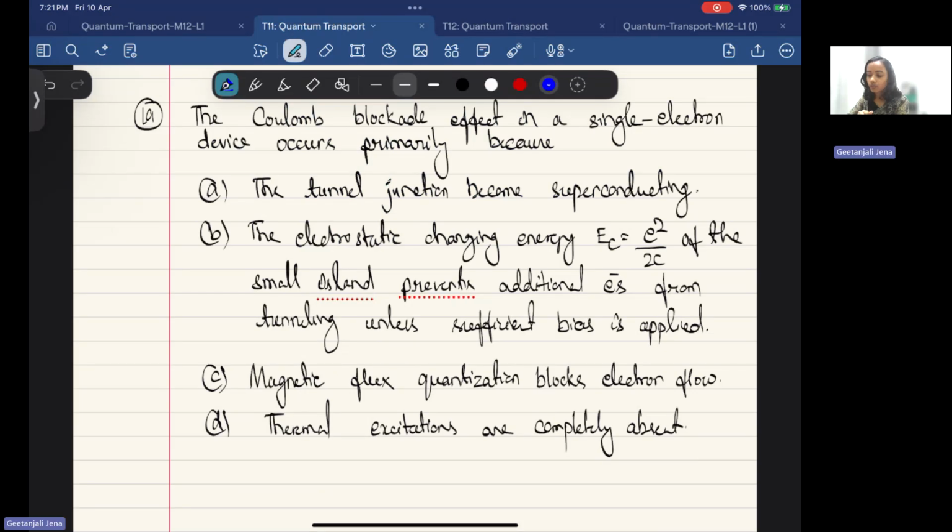So why do we see a Coulomb blockade effect in a single electron device? This is quite easy. Option B is the answer because the charging energy blocks the tunneling of electrons into this single electron device.